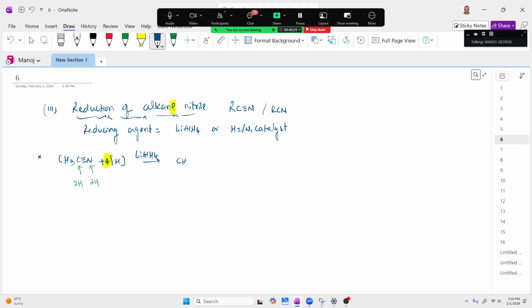So what comes out is CH3C, and then you put the two hydrogens there, and the nitrogen, and again you put the two hydrogens. See? Two hydrogens, two hydrogens. So what you get is a primary amine again. This is called ethane because there are two carbons, but notice the E is maintained.